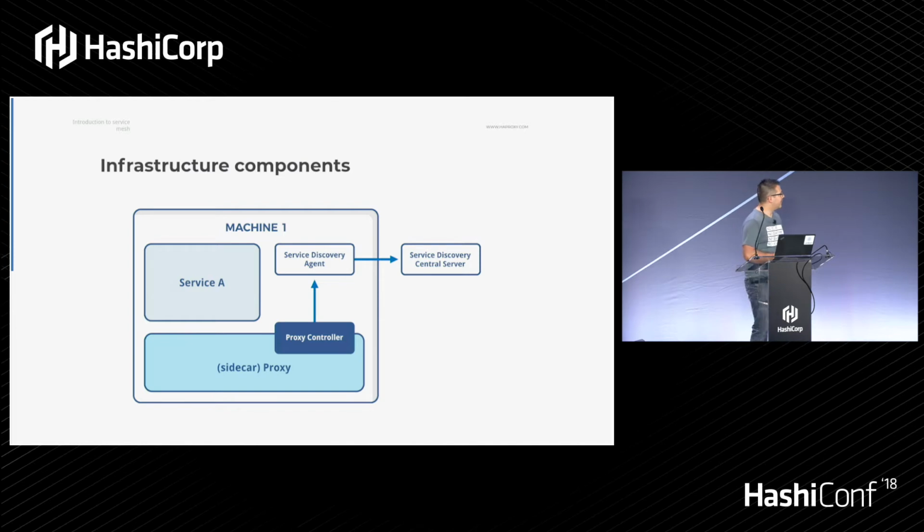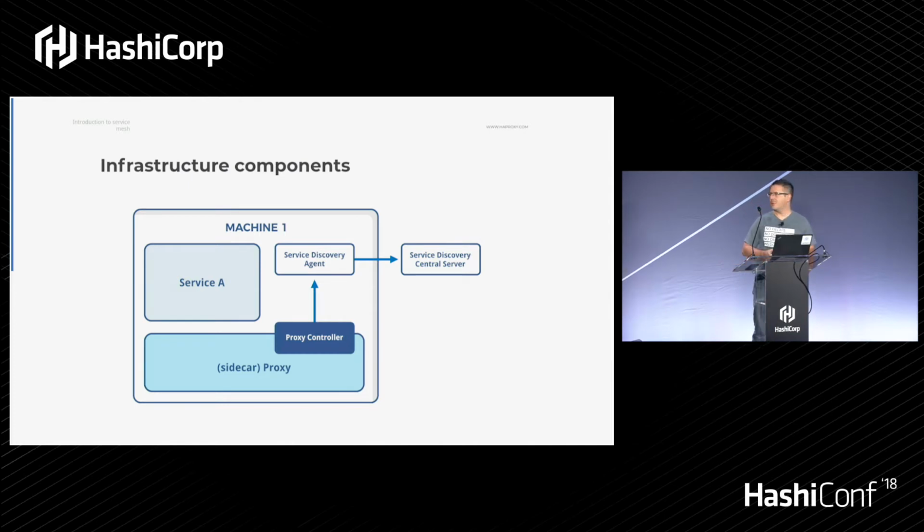So, from an infrastructure point of view, as we said, it's an infrastructure. So you will have two main components, well, three actually. One is your central service registry that will host your configuration.